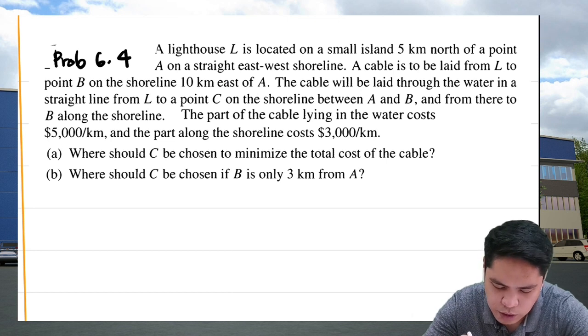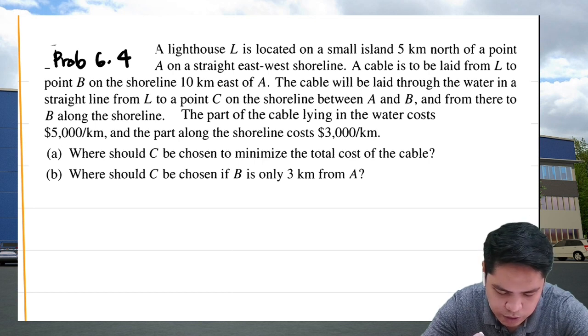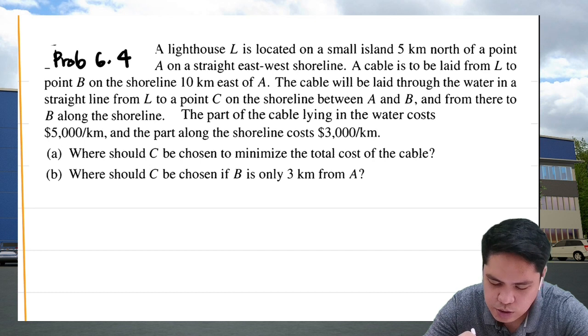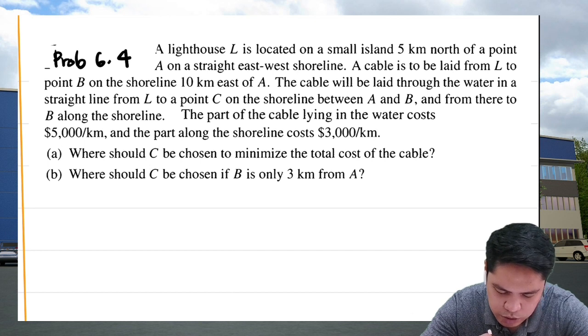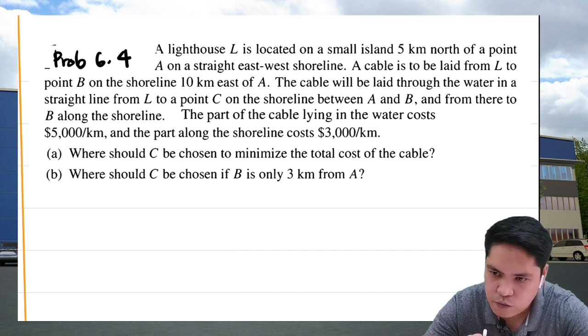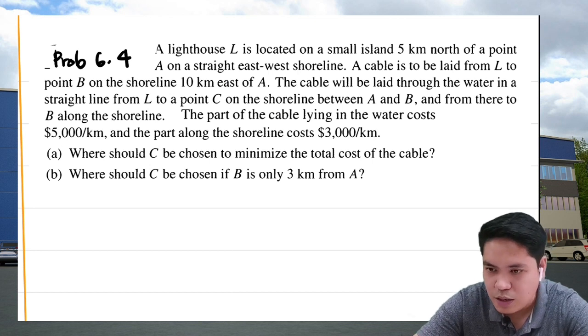The part of the cable lying on the water costs $5,000 per kilometer, and the part along the shoreline costs $3,000 per kilometer. So letter A, where should C be chosen to minimize the total cost of the cable? And letter B, where should C be chosen if B is only 3 kilometers from A?